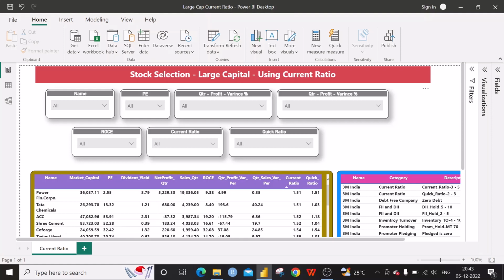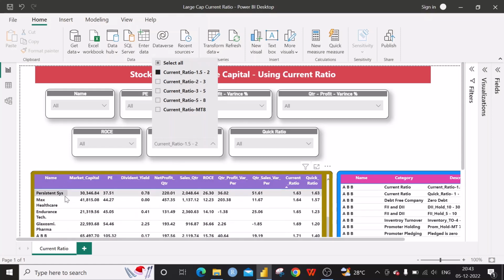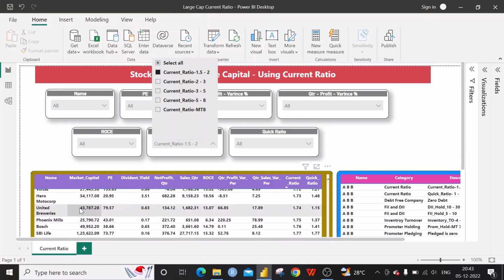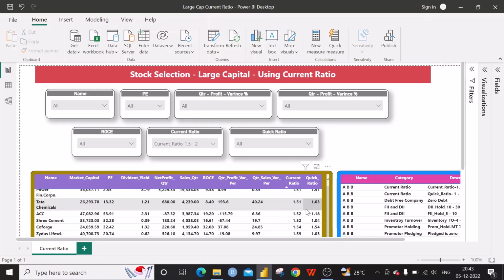If you are interested, the current ratio should be between 1.5 to 2, then we can select this. Then we can see the stocks which are satisfying these conditions, that is the current ratio between 1.5 to 2.